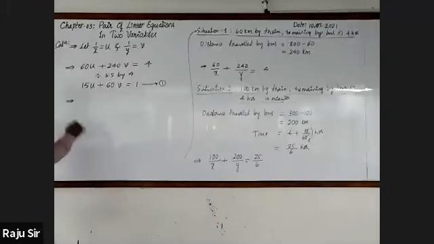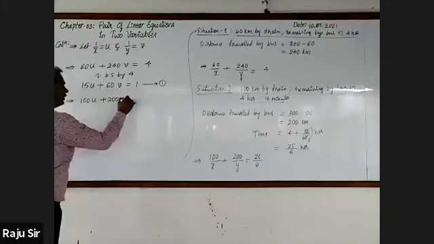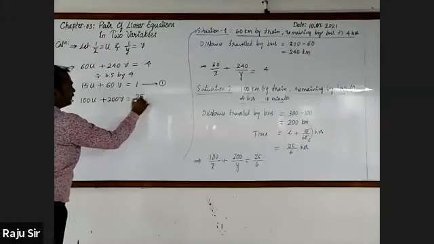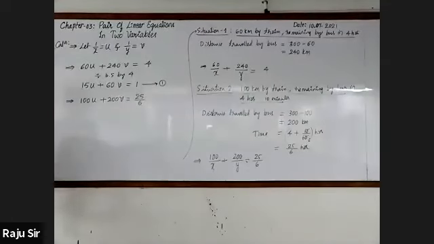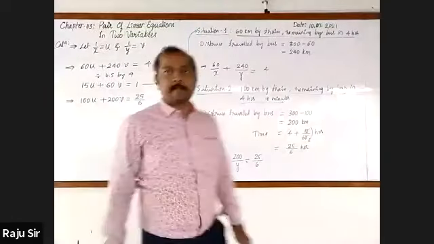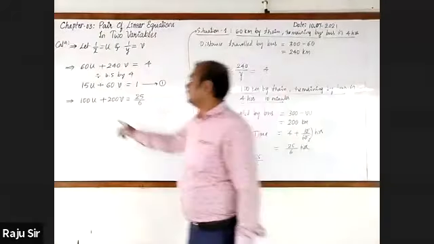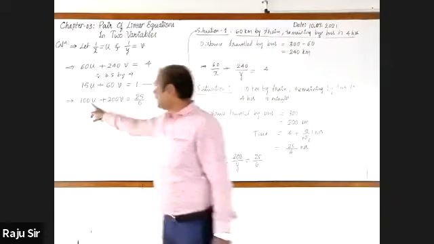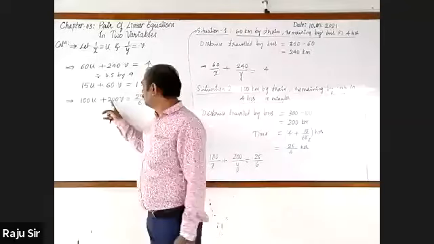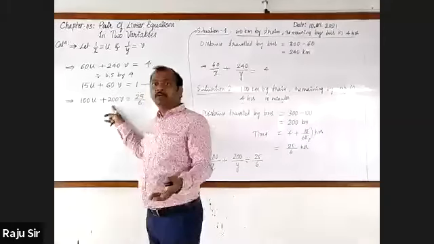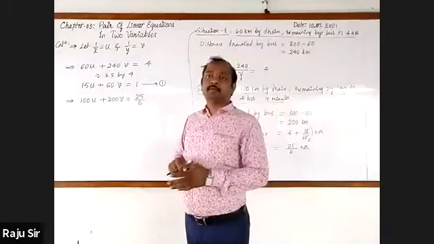Let me take the second equation. Second equation is 100u plus 200v, which is equal to 25 by 6. How do you simplify this? Divide by 25 on both sides. 100 is a multiple of 25, 200 is a multiple of 25, 25 itself is a multiple of 25.